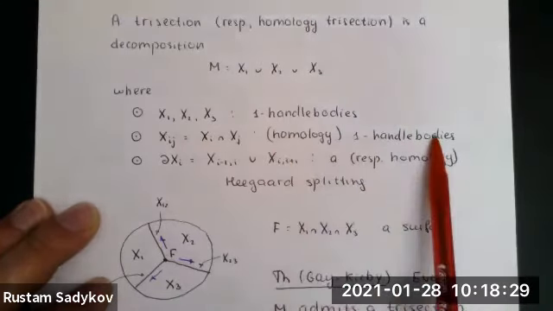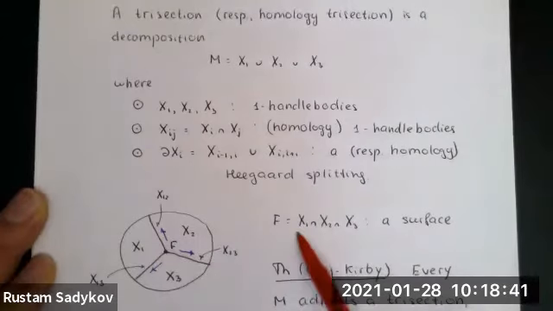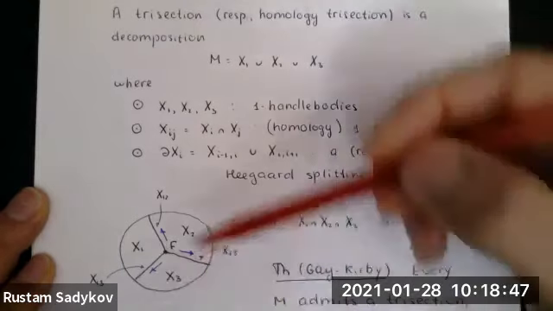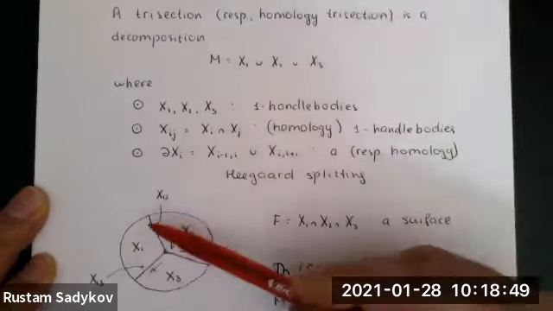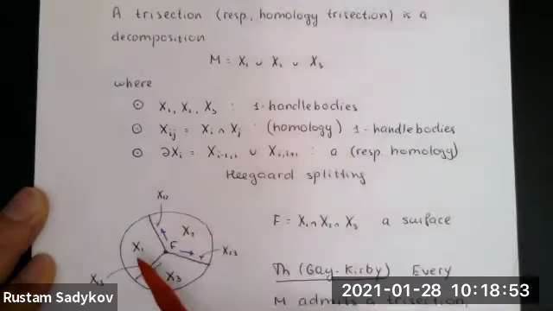So here's the picture. So here's the four-dimensional manifold. And we split this four-dimensional manifold into three parts, X1, X2, X3. The common part of these three pieces is a surface denoted by F. And now the intersection of X1 and X2 is denoted by X12. The intersection of X1 and X3 is denoted by X13.